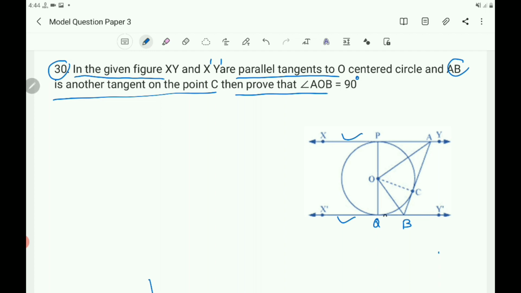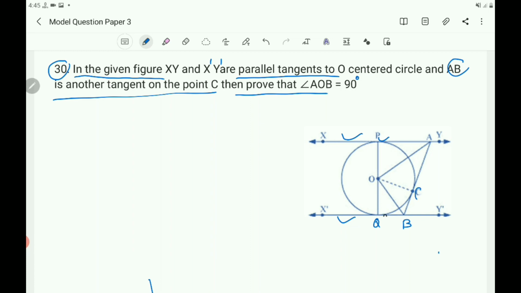And you know that P and Q are the points of contact, and here OP is a radius, OQ is also radius, because this PQ passes through the center. Radius through the point of contact is perpendicular to the tangent.